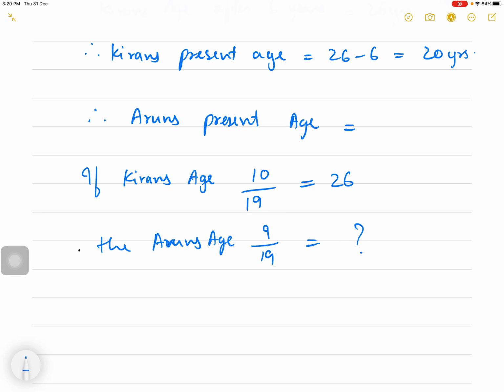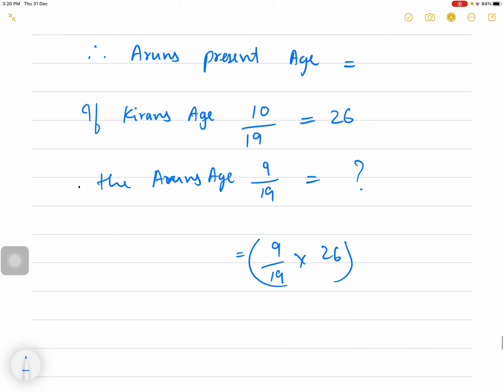Cross multiply. So Arun's present age will be 9 by 19 into 26, divided by 10 by 19.